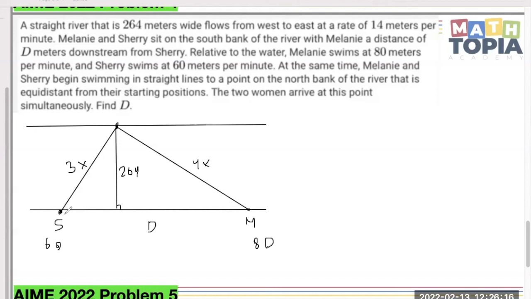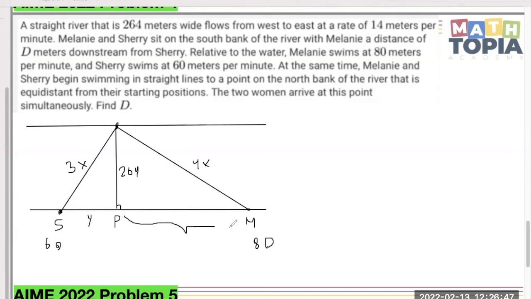And we also know that the difference of these two distances, this minus this, has to be related to x, right? So let's try to find that out. I'll call this point P. Let's ignore distance D, we don't need to write D. So we can say that SP is y, right?